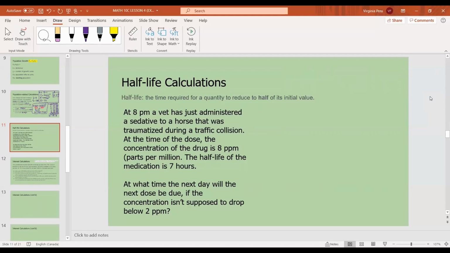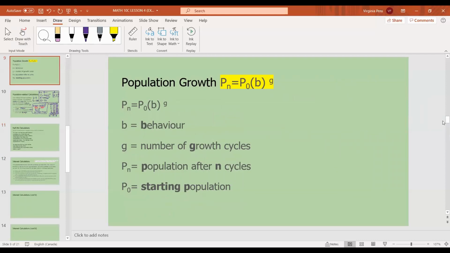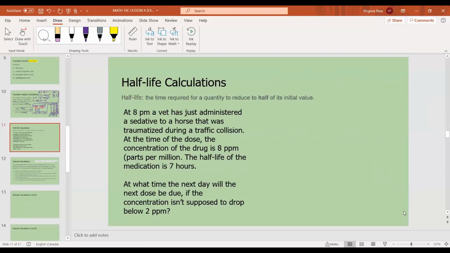Let's use the same formula that we were looking at before, which is Pn equals P0 times B to the G. What key information do we have? At the time of dose, the concentration of the drug is 8 parts per million, which means this 8 ppm is the P0 value, the starting value.